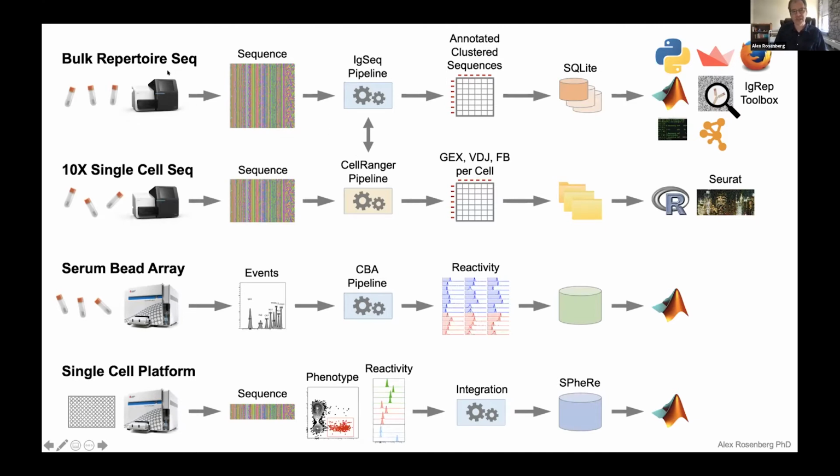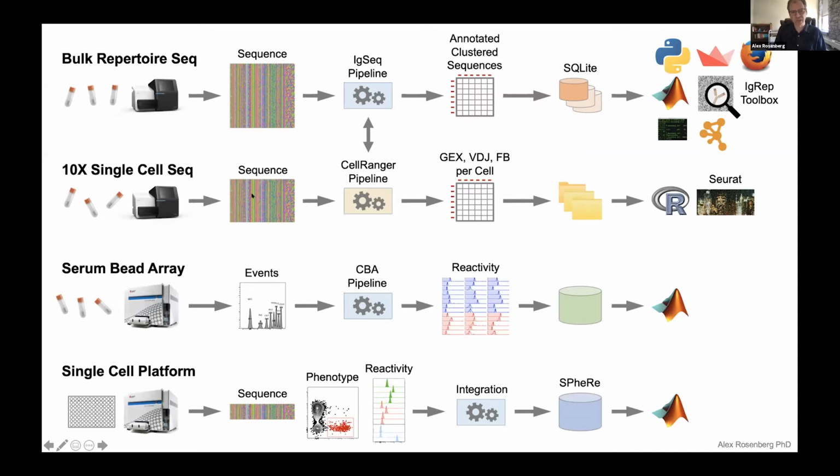The first one on the top is bulk repertoire sequencing. This is a form of RNA-seq applied solely to the immunoglobulin gene. So it requires specialized methods for both upstream and downstream processing.